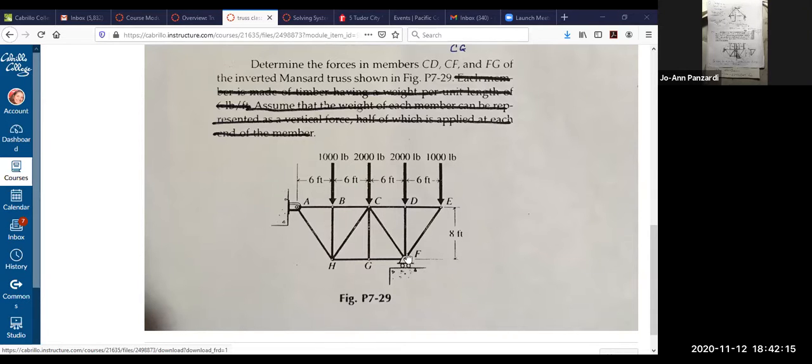So when Maria said, let's analyze the right side, you would need to know the reactions at F. You wouldn't have to know the reactions at A. So when you take the whole structure away from the supports, if you're going to do method of sections, you only need the supports on one side.